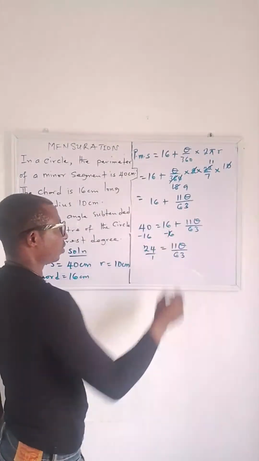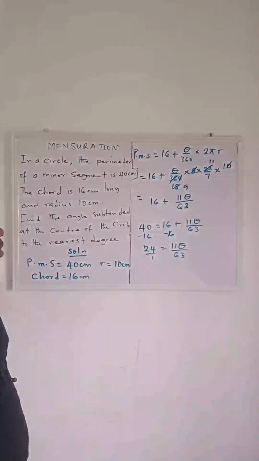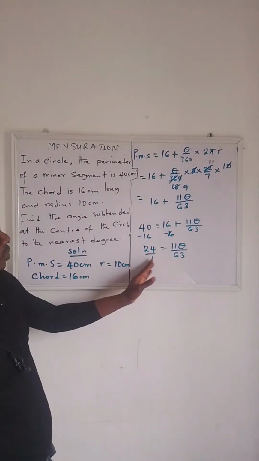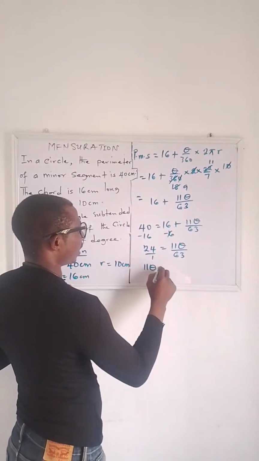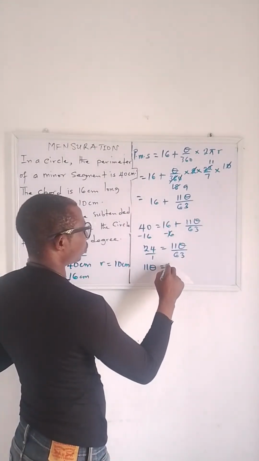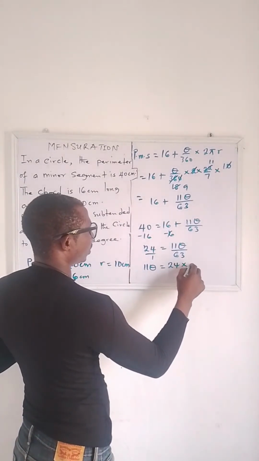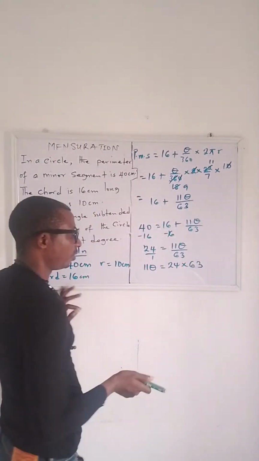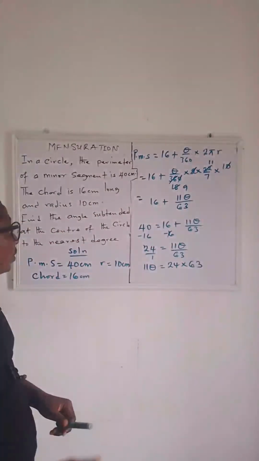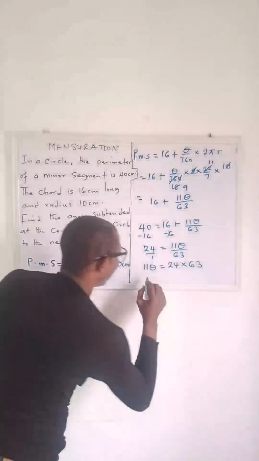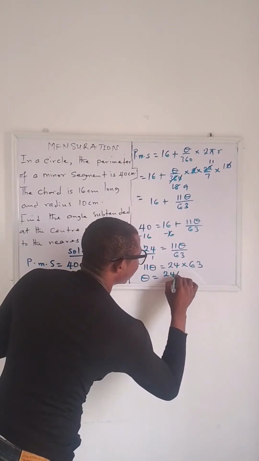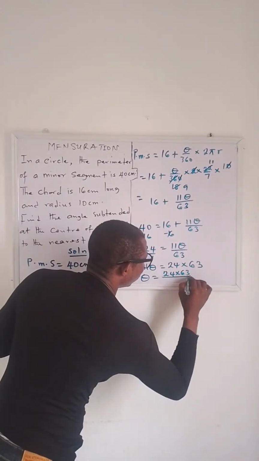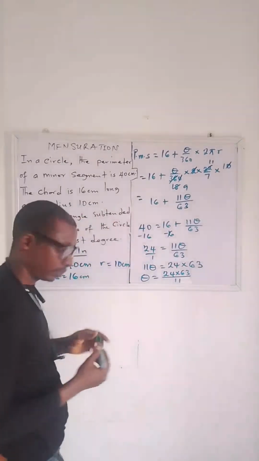Okay, so now you can cross multiply here. So we have 11 theta equals 24 times 63. So you divide both sides by 11. So when you do that, we have theta equals 24 times 63 all over 11.